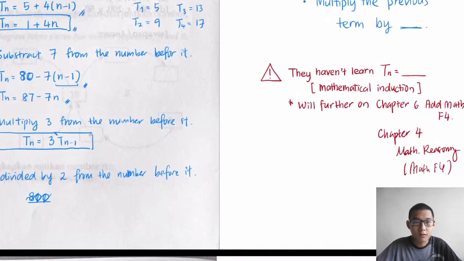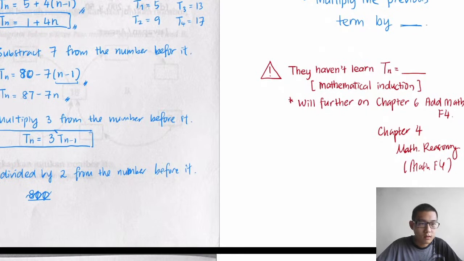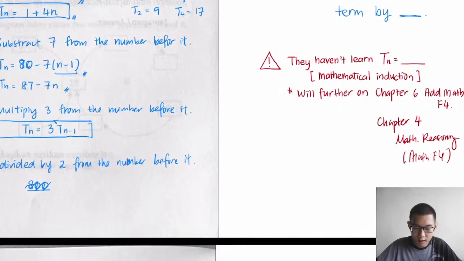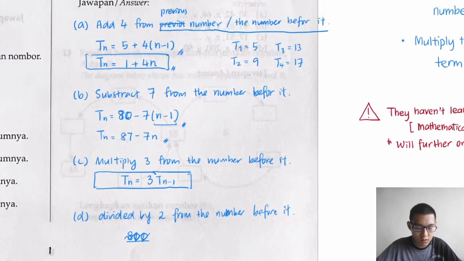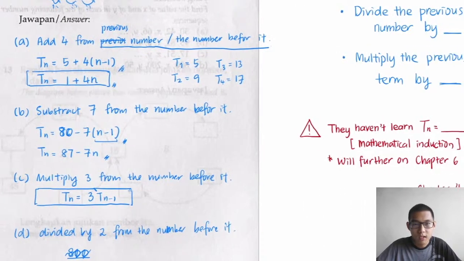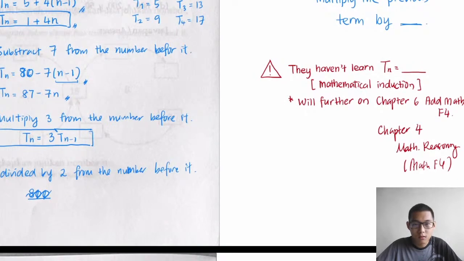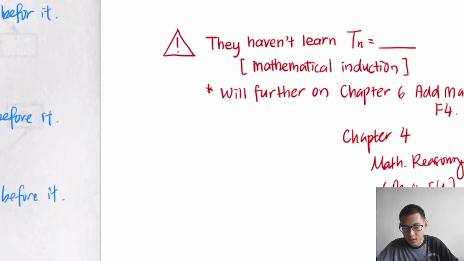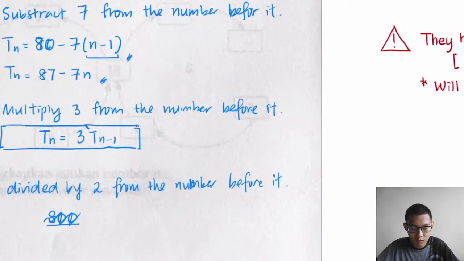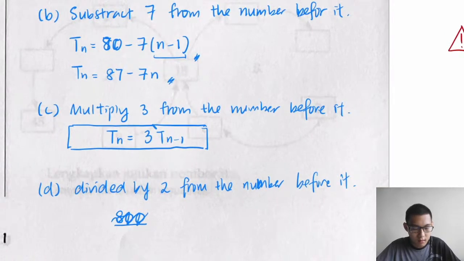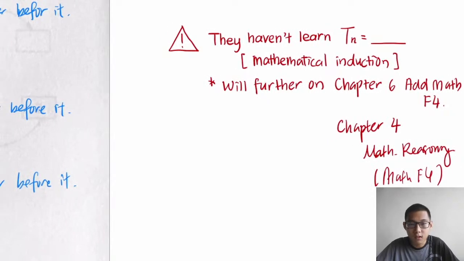For the previous live stream, I showed the answer to you, the solution step. Actually, I think you have not learned it yet. When I wrote down the answer like this, it actually comes from the Form 4 syllabus.